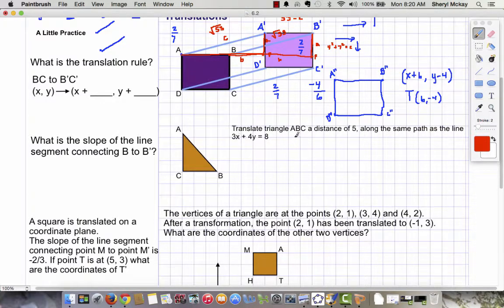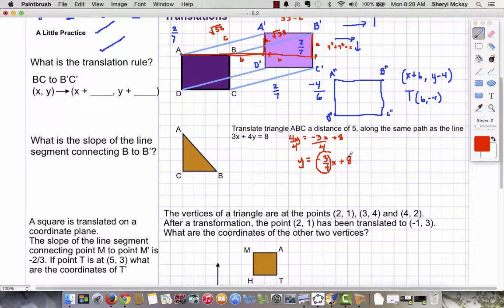So let's see, we need to isolate our y. We're going to say this is 4y equals negative 3x plus 8. We're going to divide by 4, and we've got y equals negative 3/4 x plus 2. And our slope is negative 3/4.